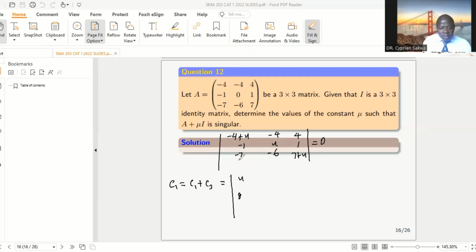And this negative 7 plus this 7 plus mu, I will have a mu there. I'm just adding column 1 to column 3 to get the new column 1. So this gives me mu, that gives me 0, that gives me mu. And I write column 2 the way it is. And column 4, I write the way it is.